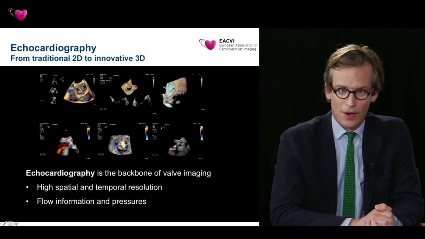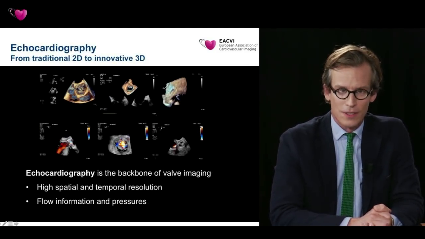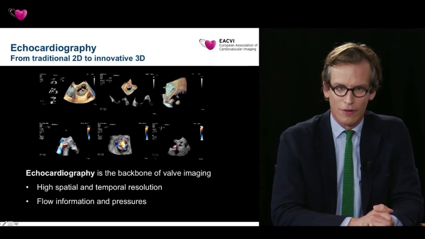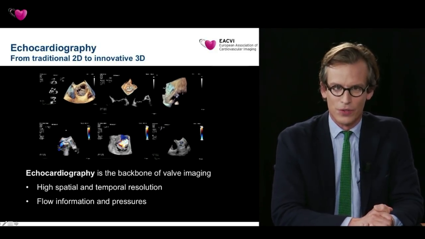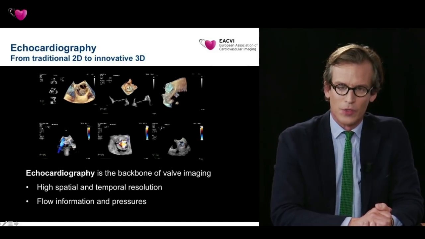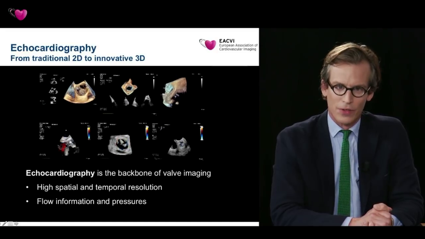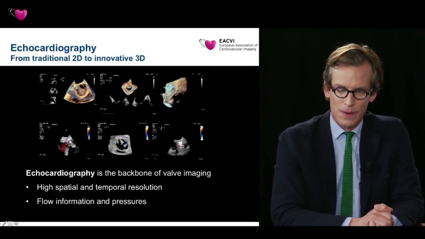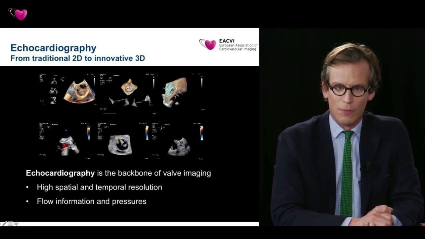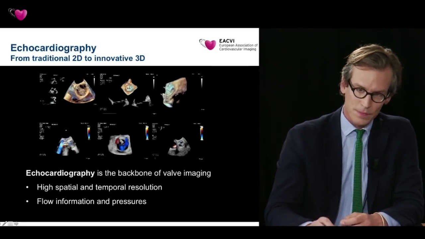Then there's echocardiography, of course, that has evolved dramatically from a 2D cutting plane modality into an innovative 3D imaging modality that gives you a high spatial and temporal resolution and also information on blood flow and pressures.